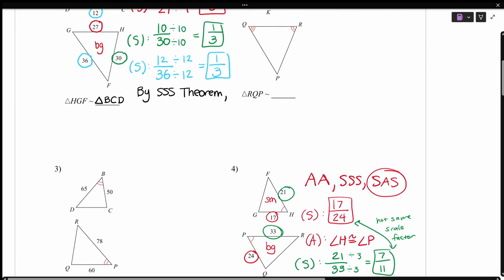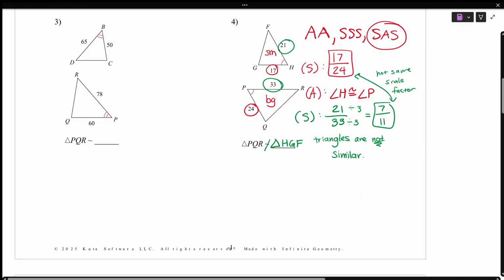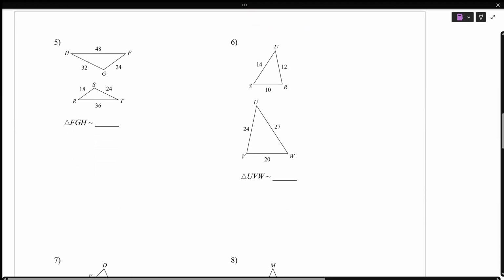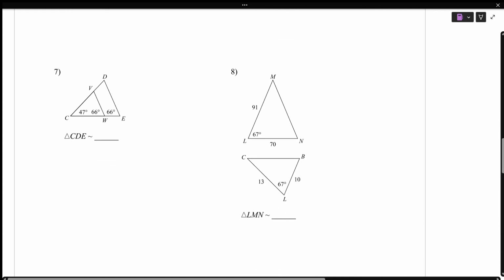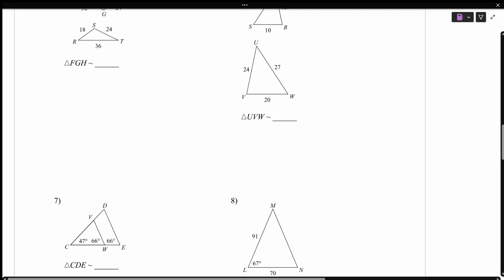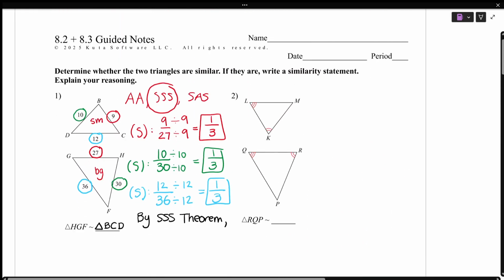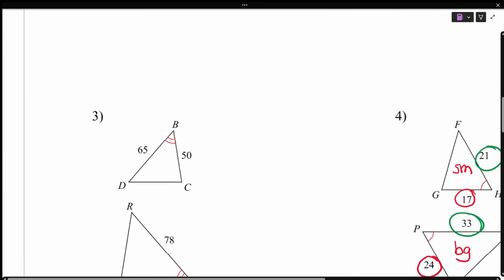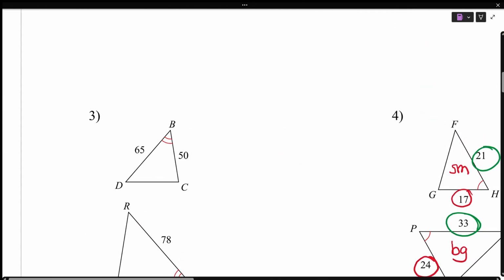Okay. Let's do one more. Let's do number 3. I'm going to do the same thing here on number 3.